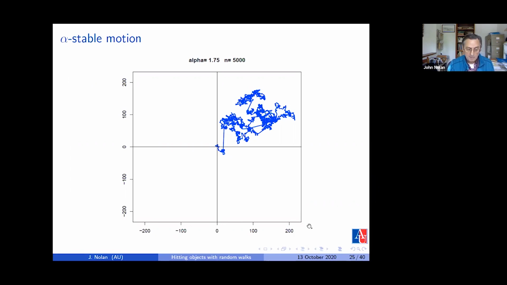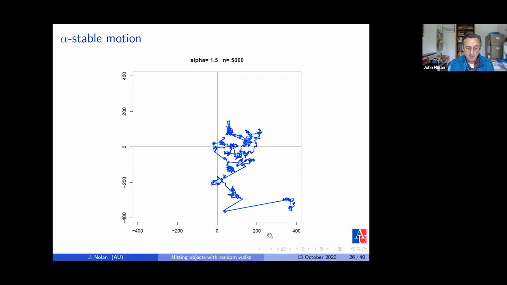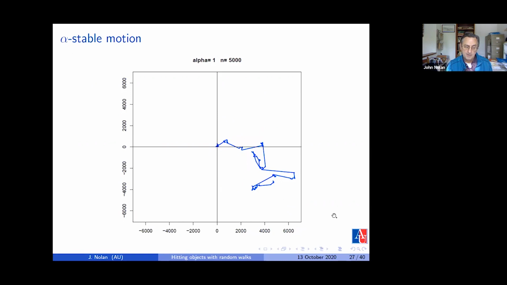As I lower alpha, here alpha is 1.5, the scale is getting bigger and bigger, so I'm looking at a bigger and bigger window. Again, you start to see more and more jumps here. And here, if alpha is 1, notice the scale. It's going up to 6,000, 7,000, so it's more than 10 times what we started with.